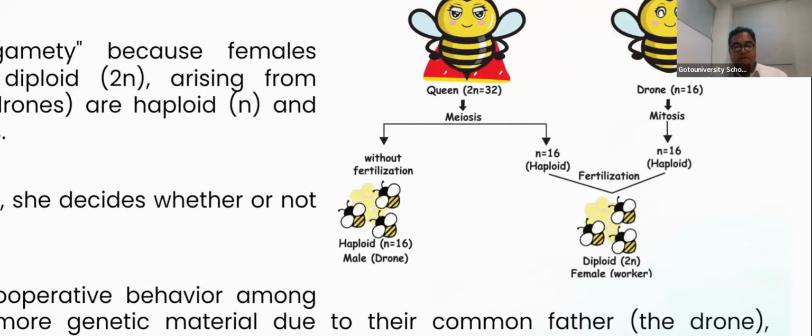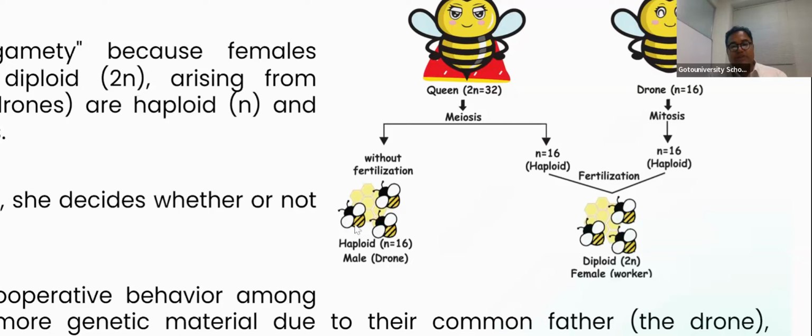And the male, we get without fertilization. That means if the queen egg does not get fused or fertilized, it will become a drone. The drone is not fused with any gametes.